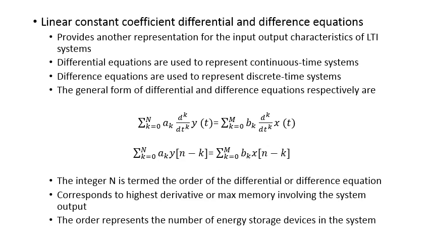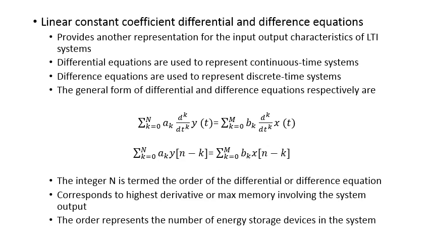The integer n basically shows the order of the differential or difference equation. This corresponds to the highest derivative in case of a continuous time system, whereas in case of a discrete time system the maximum memory involving the system output is represented by n.